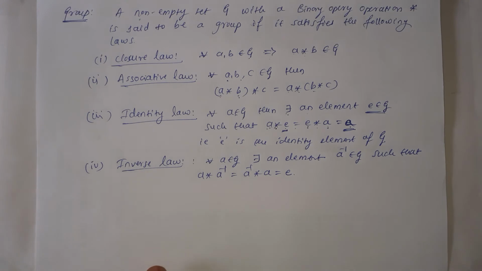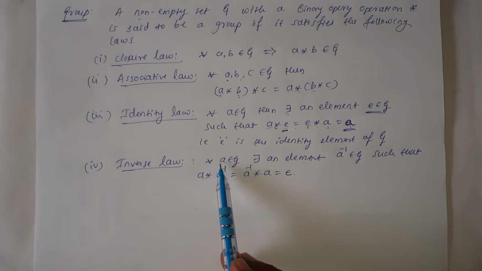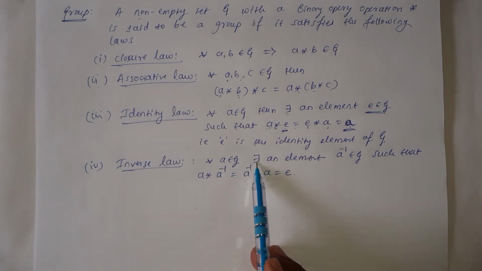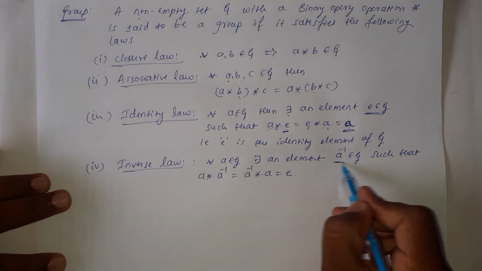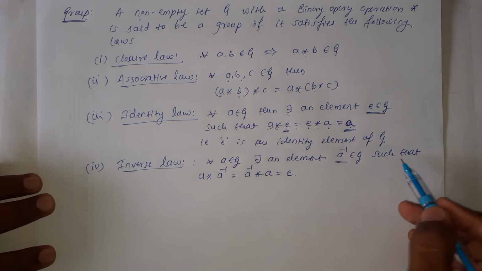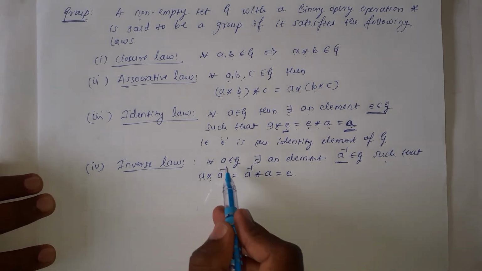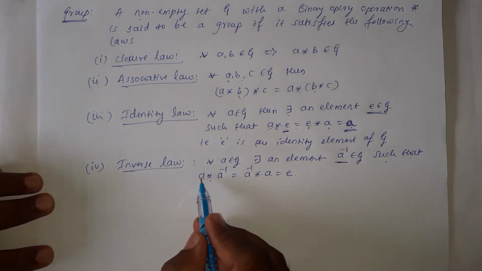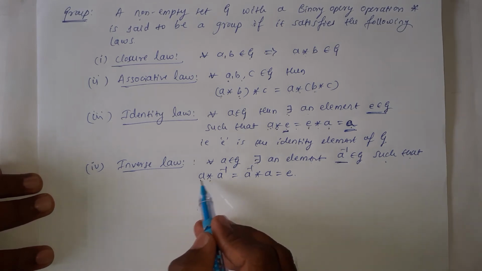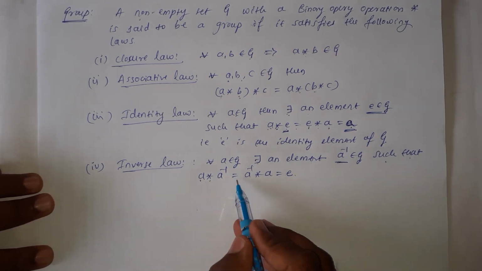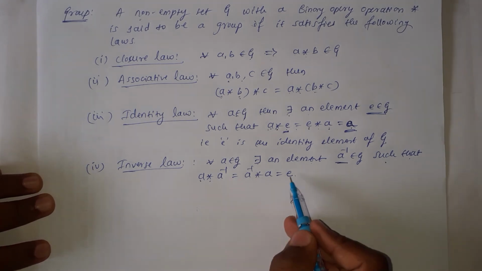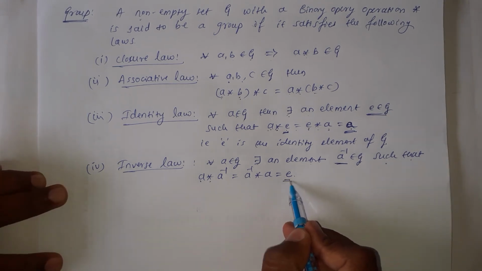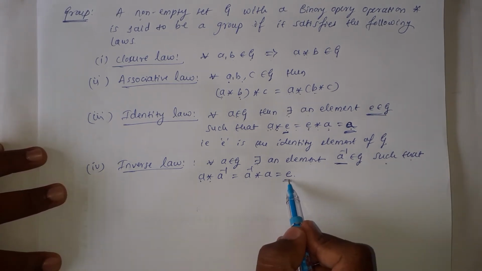So, here it is the law of inverse. For all a belongs to G, there exists an element denoted by a inverse belongs to G such that a star a inverse, here we are operating a to a inverse on the left side, is equal to, here we are operating the same a on the right side, but the product will be equal to e only. Here e is the identity element of the set G.